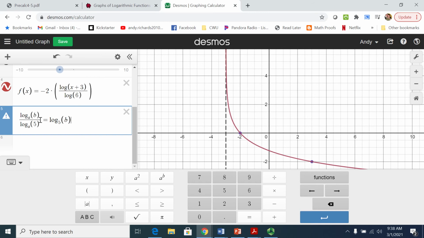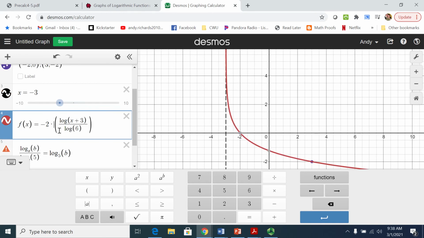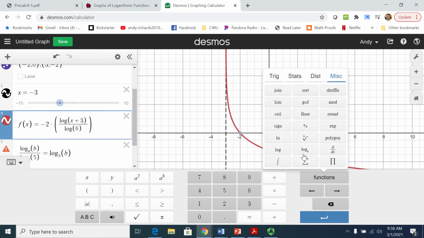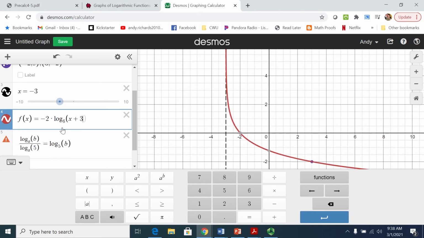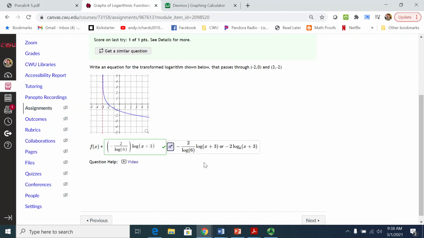Okay, so essentially you can rewrite it in terms of what's in there. So in our case, what that means is that we can take this function and make it so that this log base 6 is what's represented there. And then what's left here is log of x plus 3, which is what we have right there.